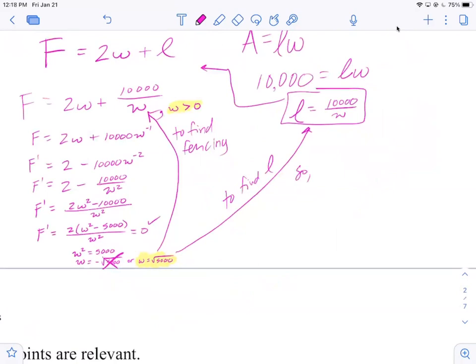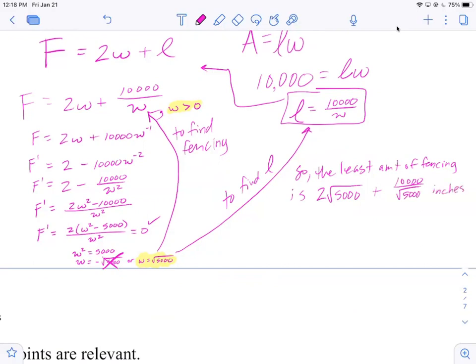So answering the question, the least amount of fencing is, and I'm just going to plug it in right there. Like if it were a free response, I'm going to plug it into 2w. So it's 2 square root of 5,000 plus 10,000 over the square root of 5,000. And then what units did I put there?